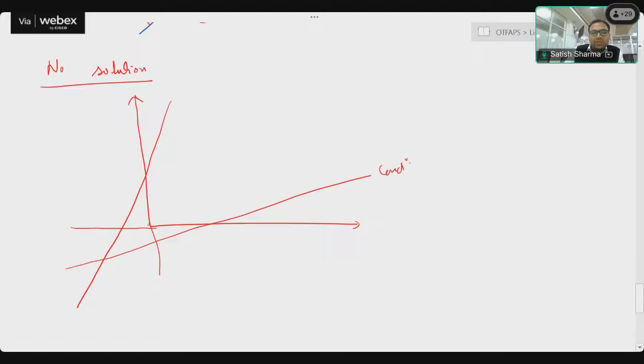This is condition one, and this is condition two, and it says that the solution should be on this side.